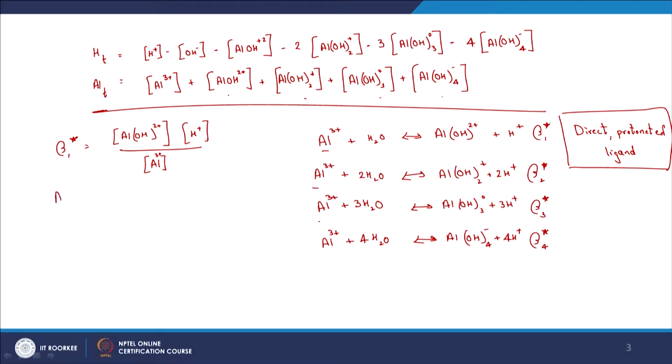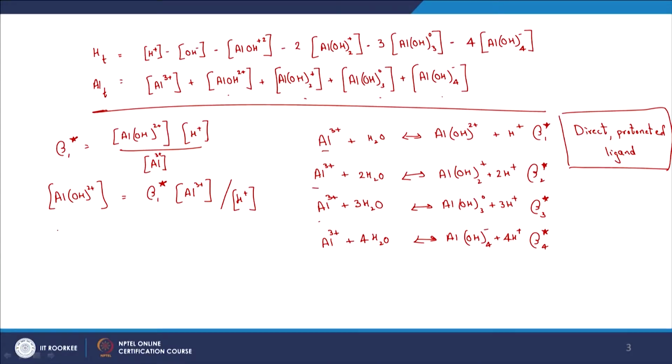So the AlOH2+ concentration can now be written as beta 1 star into the concentration of Al3+ by H+, right. In the same manner, I can list the other 3 complexes in the form of Al3+ and the relevant coefficient, which is beta 2 star, beta 3 star and beta 4 star. Let us just list them out here so that we get some practice.